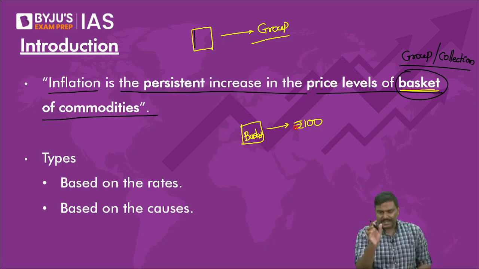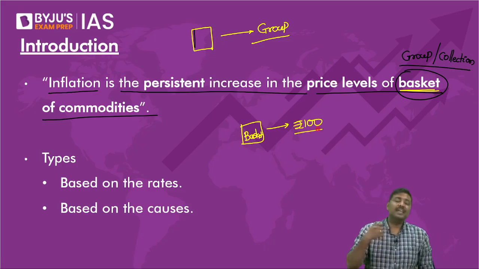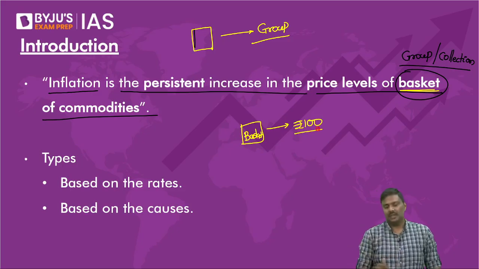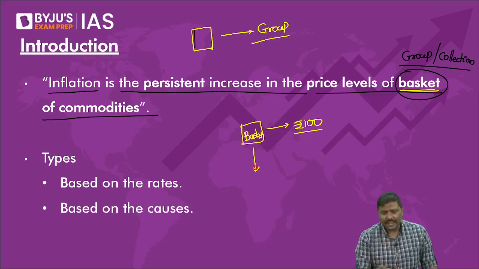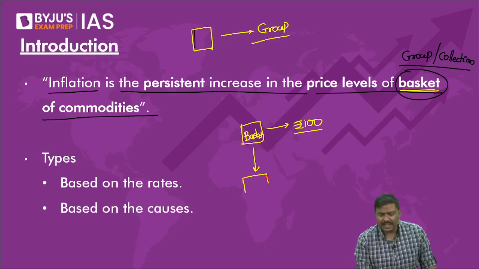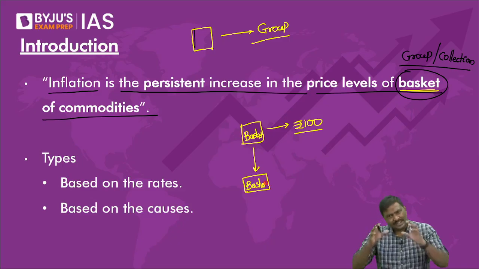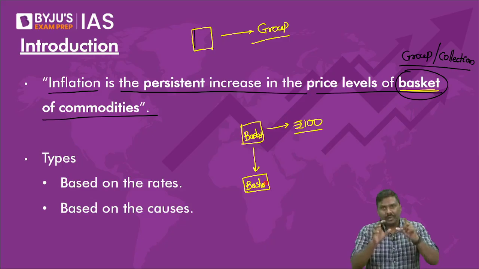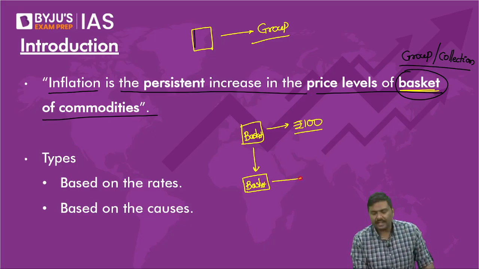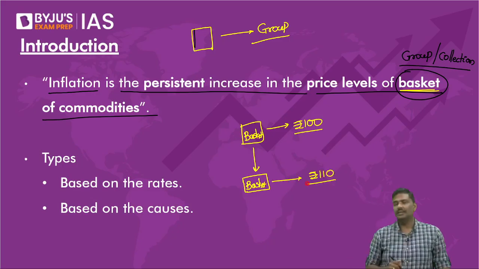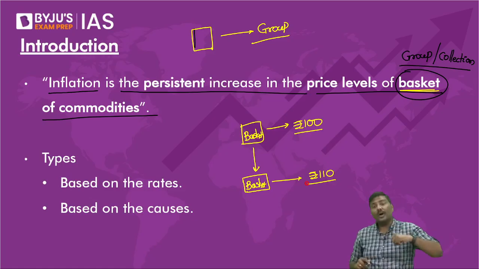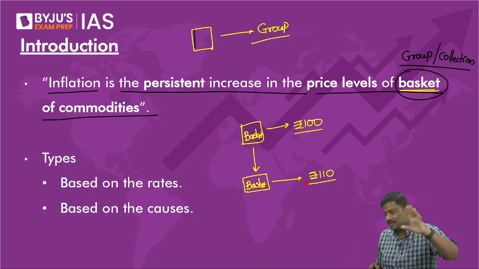And for that basket last year, the price was 100 rupees. Today we are purchasing the same basket. There is no change in the group, right? It's the same basket. But to purchase the same basket, now we are supposed to pay 110, not 100, 110 rupees.